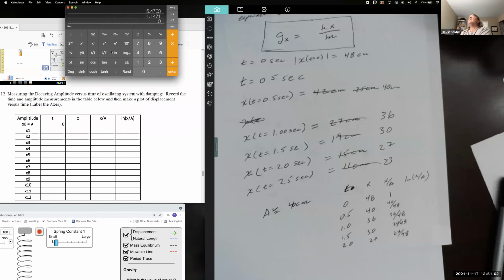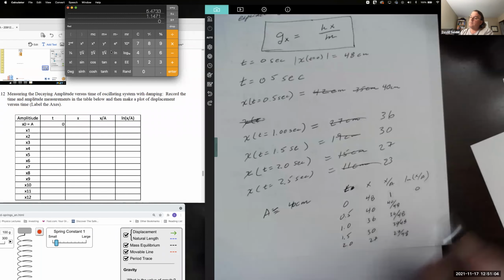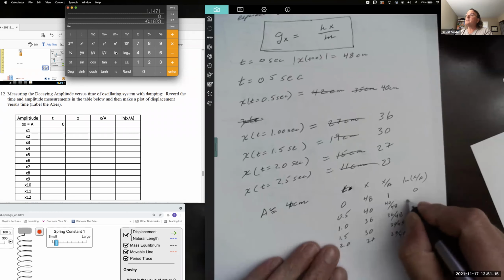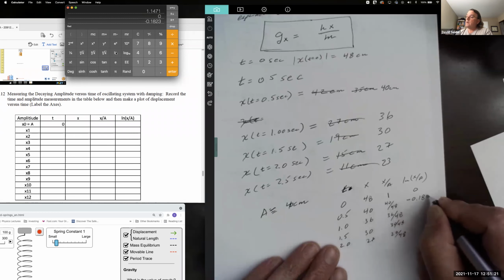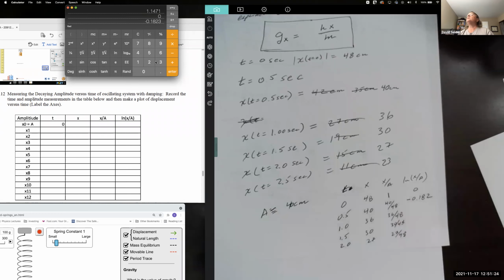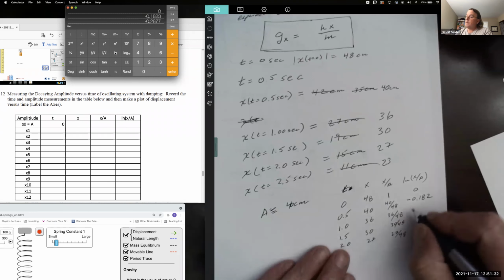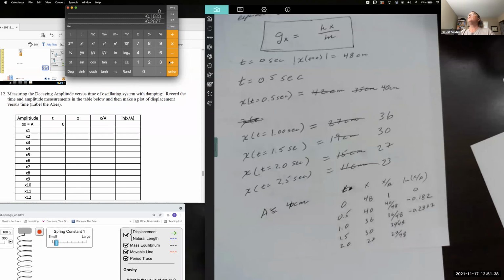Well, ln of 1, that's 0. 40 over 48, that's minus 0.182. 36 over 48, take the natural log, minus 0.2877. 30 over 48, now this number is suspicious.